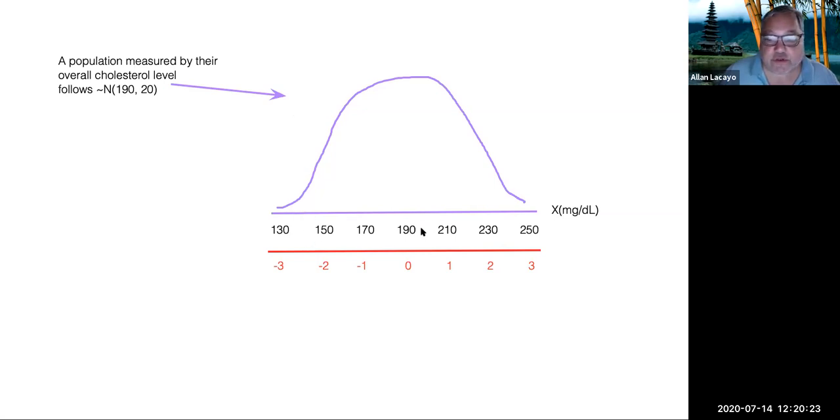And so we would call the 170 to 210 the normal range, the usual. So these are the usual levels or normal levels. And then we could qualify these people here as unusual and these people here as unusual.